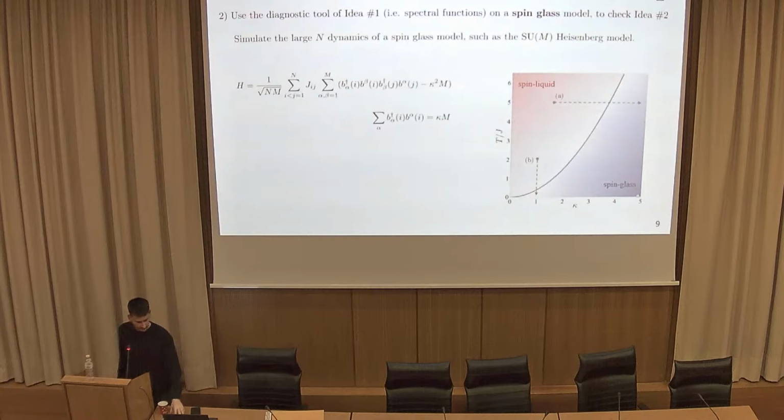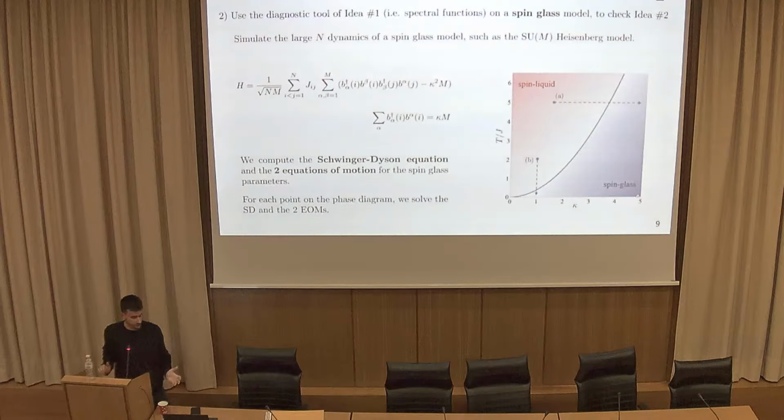Again, this is the Hamiltonian, this is the phase diagram, and what we had to do was compute the Schwinger-Dyson equations and the two extra equations of motion we get from the spin glass parameters, which pretty much control whether we are in the spin liquid phase or in the spin glass phase. For each one of these points, we have to solve these three equations at the same time, and we can calculate the spectral functions from that.